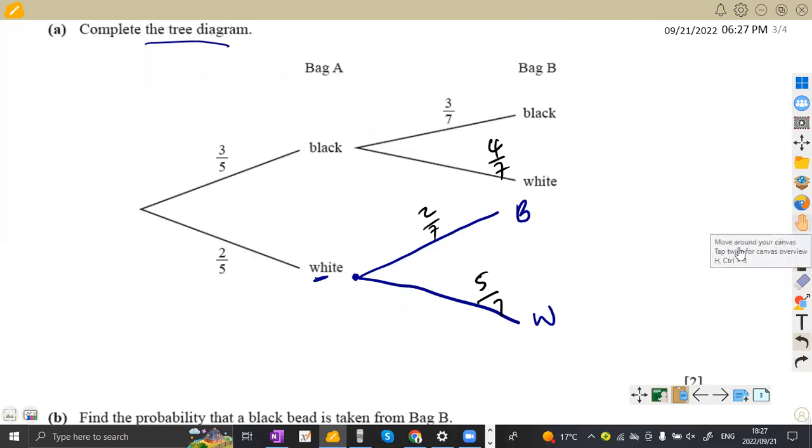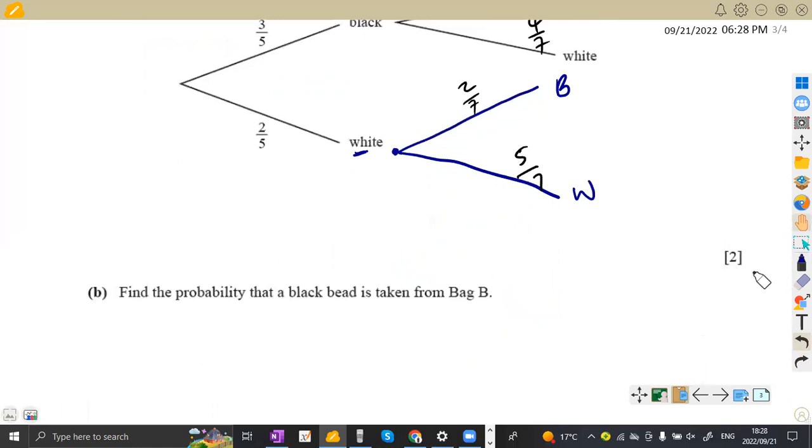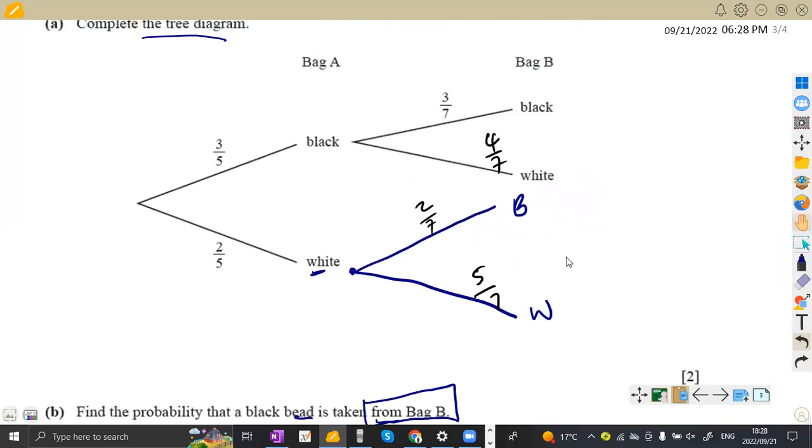All right, so the question now is, find the probability that a black bead is taken from bag B. Where are we going to have a black bead? Which part can actually give us a black bead?